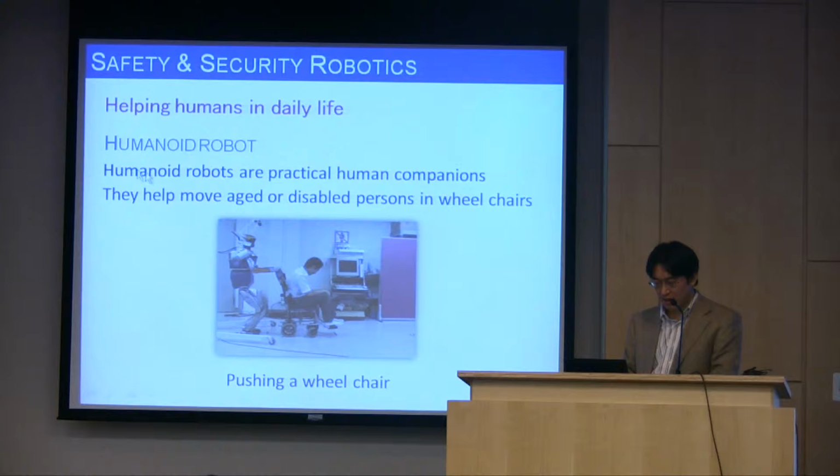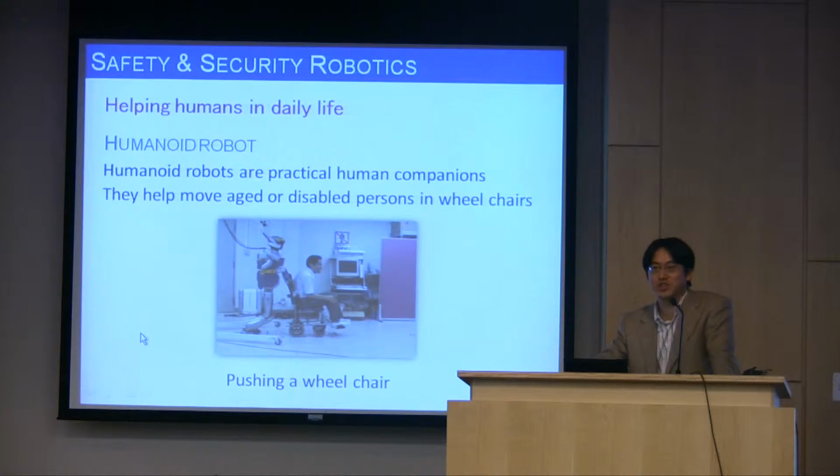Next is another topic. We have a humanoid robot. By using this, we can help humans in daily life. This is a movie. The humanoid robot helps with moving a wheelchair, like this.